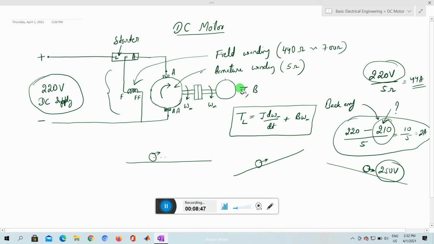This picture we can also redraw, because this picture is drawn when a separate mechanical load is connected, or we can have a picture where it is represented by a mechanical load with J and B written, and here we can have omega m, because it is giving a torque of TL and trying to rotate clockwise at a speed of omega m radians per second. So this is a brief introduction of the DC motor equivalent circuit. In the next video we will be seeing the details about it.